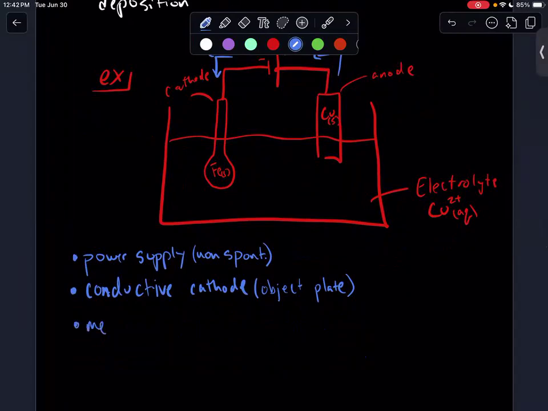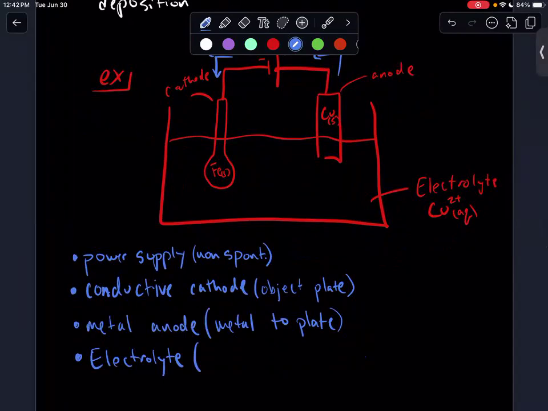Then we need our metal anode. That's going to be the metal to plate. And then lastly, we need our electrolyte. So it needs to be a conductive solution. Again, this is still electrolysis. And lastly, it needs to have the metal ion of the anode.